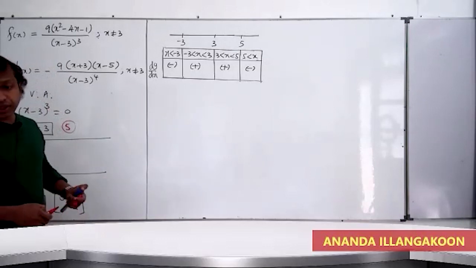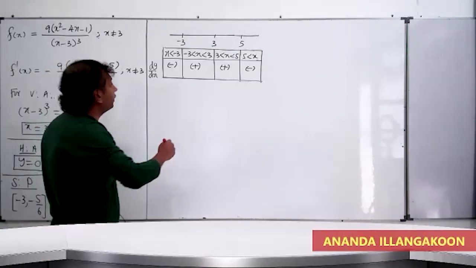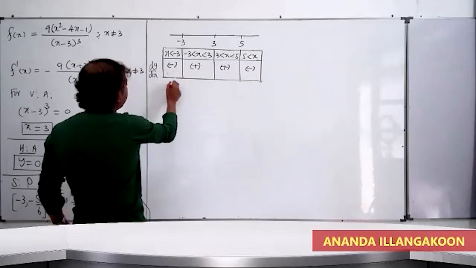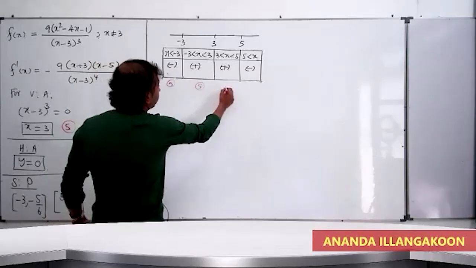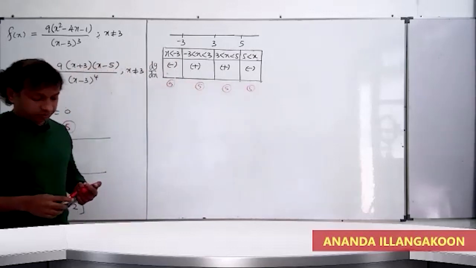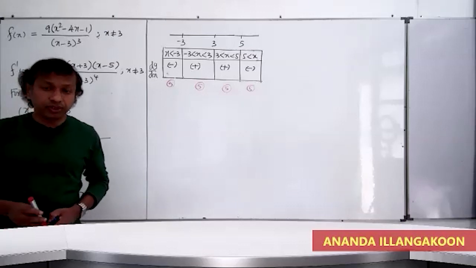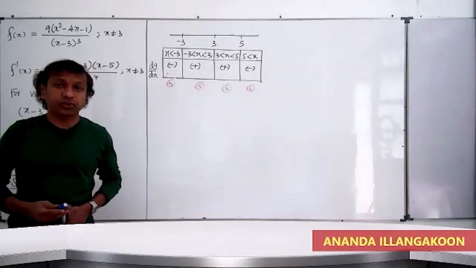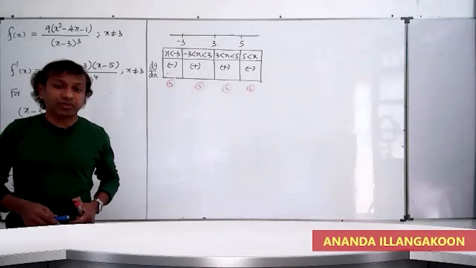Finding the sign in each interval, 5 marks are given for each. 5 marks here, 5 marks here, 5 marks here, 5 marks here. 20 marks coming for this table. So don't ignore the preparation of the table.